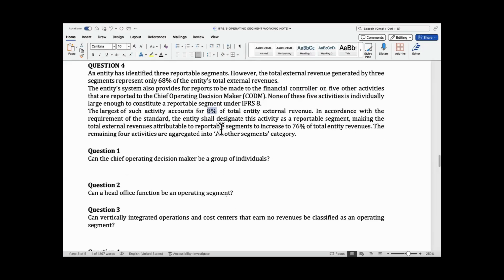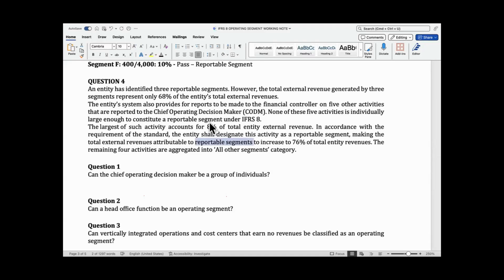So what I was explaining at that time is that based on this standard, we are going to designate this particular segment that has 8%, when you compare its revenue to the total revenue, as a reportable segment. So therefore, the total revenue of the entire reportable segments will then increase from 68%. By the time you add 8%, it goes all the way up to 76%. That means it has already crossed the 75% threshold.